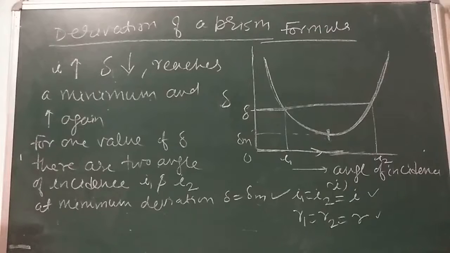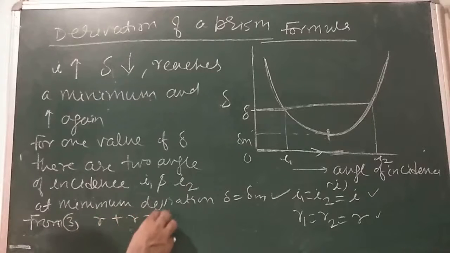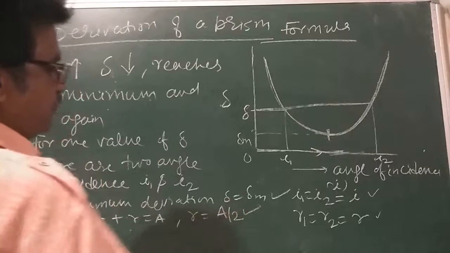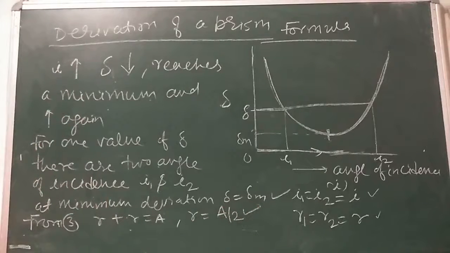So with the help of our equation number 3, put R1 is equal to R. So you will get R1 is equal to R, R2 is equal to R, that is equal to A. So here you can say R is equal to A by 2. And from equation number 4, delta is equal to angle of minimum deviation.